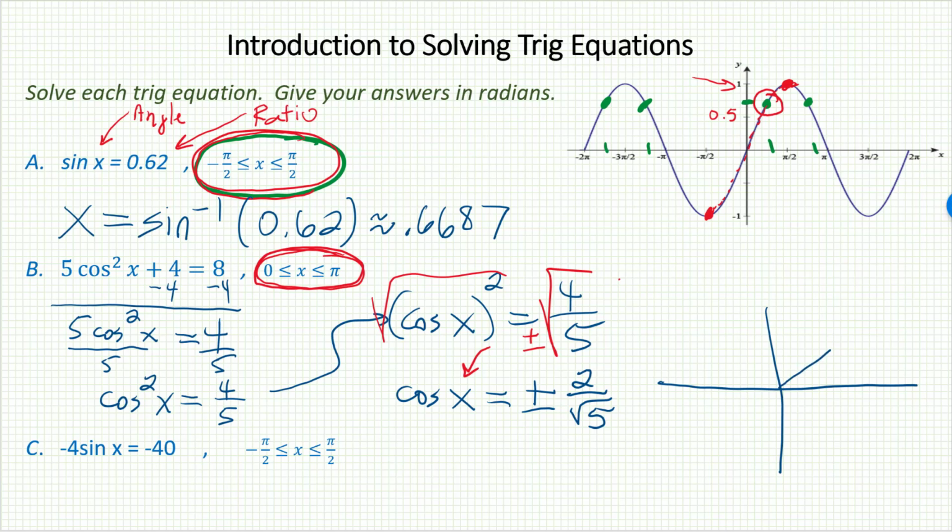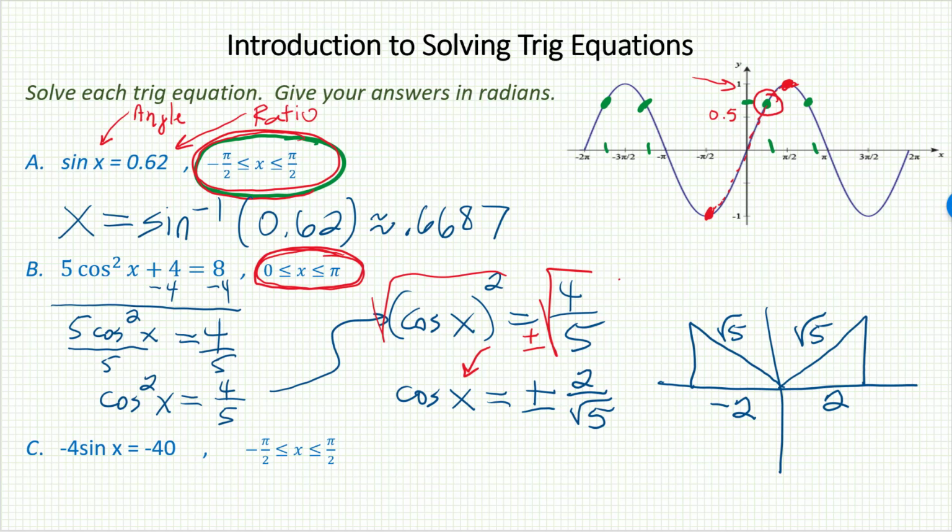Well, in the first quadrant, I can certainly find an angle whose cosine ratio is 2 over square root of 5. In the second quadrant, that's still in my zone, 0 to pi, I can find an angle that has a cosine ratio of -2 over the square root of 5. Right? Cosine is adjacent over hypotenuse.